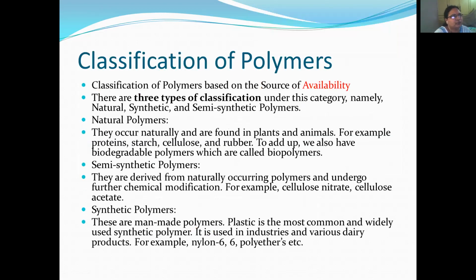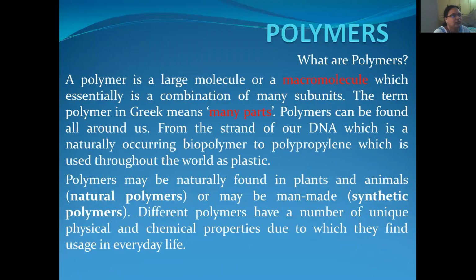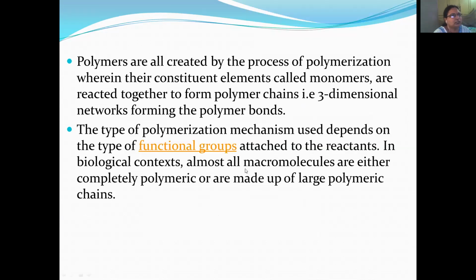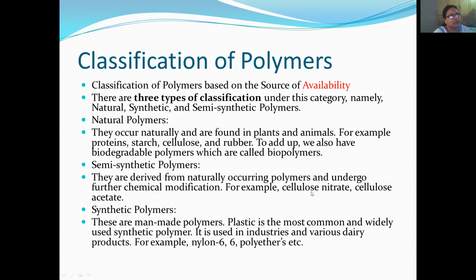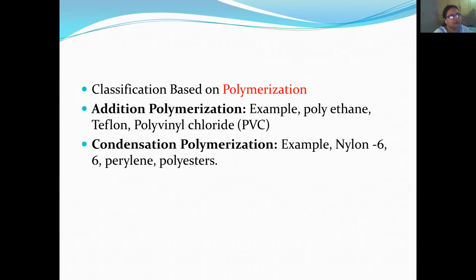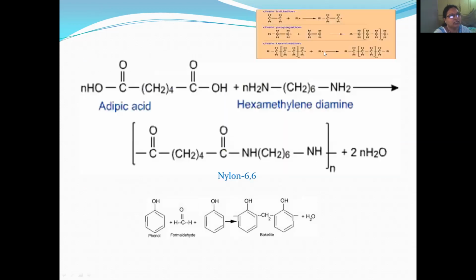So these are the functional groups, that is, depending upon the functional groups attached, it is tacticity. And then depending upon the number of units, that is, we always write n here. So what is this n?